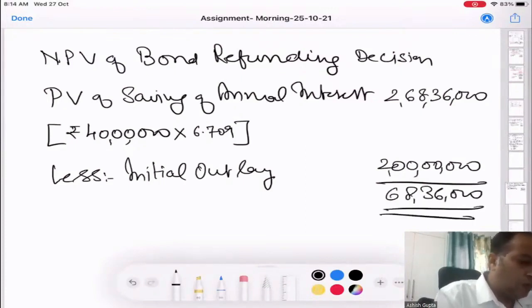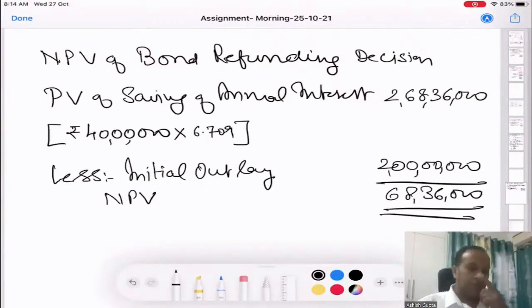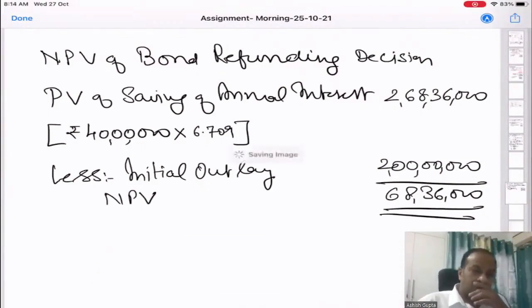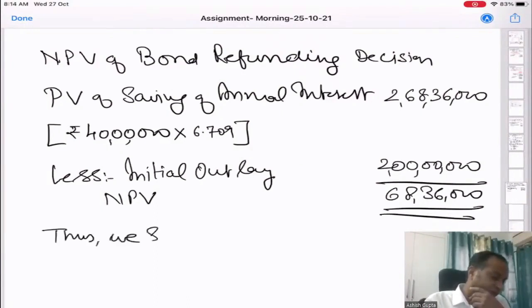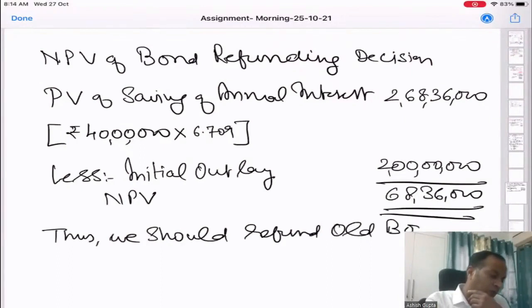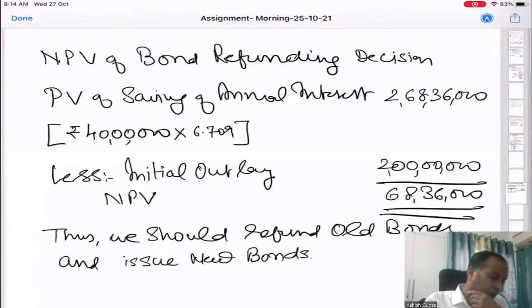So our NPV will be 60. Thus, we should refund the bonds. Student, do you have any query so that I can proceed further?